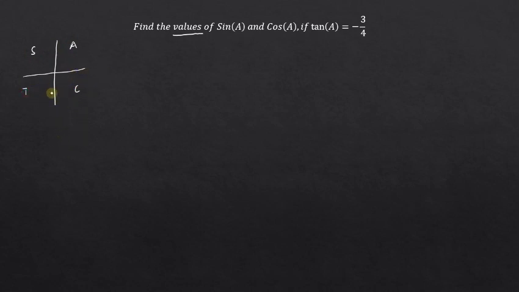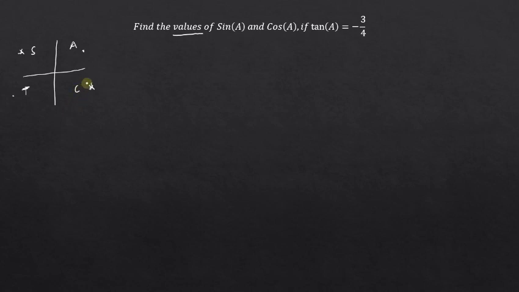We know that for tan to be positive, it's either here or here, right? So for it to be negative, it should either be at this place or this place. So we'll be having two types of values: one when it is here, and the other when it is at this side.